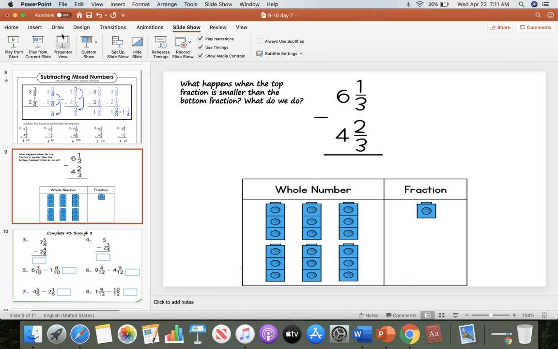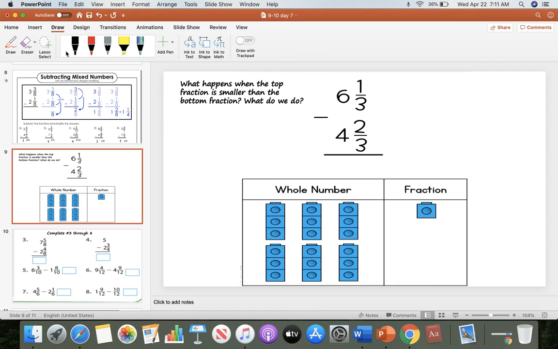So I have to say to myself, all right, well, I need to change this, and I have to make this a 5, and then I have to add 3/3.